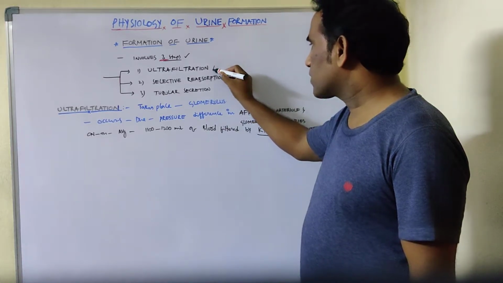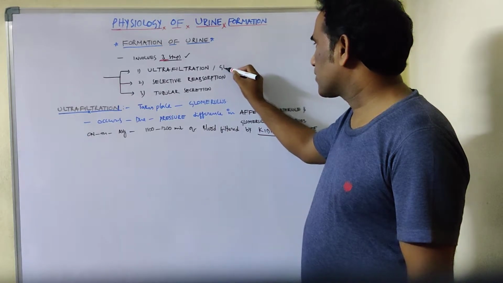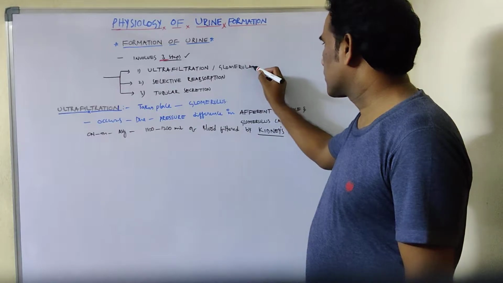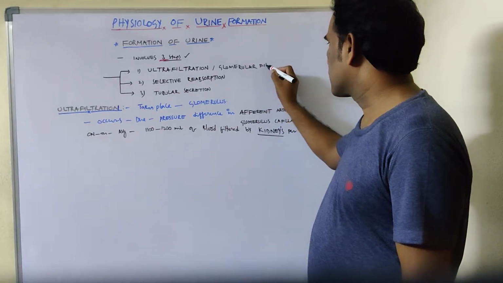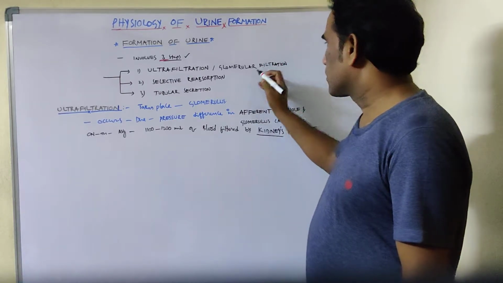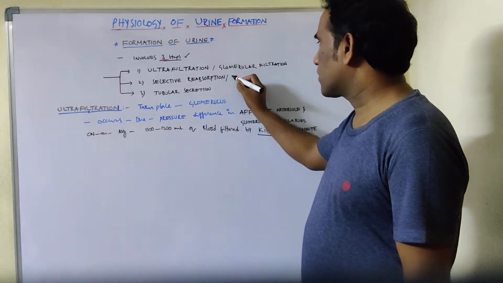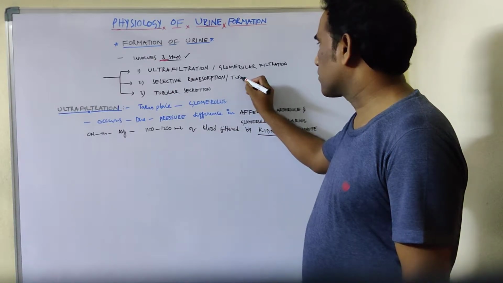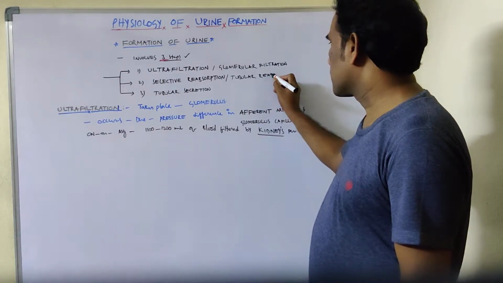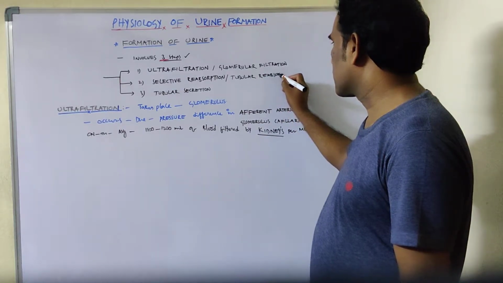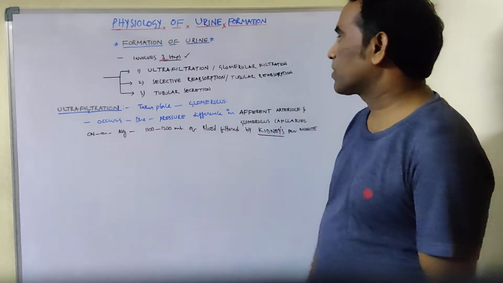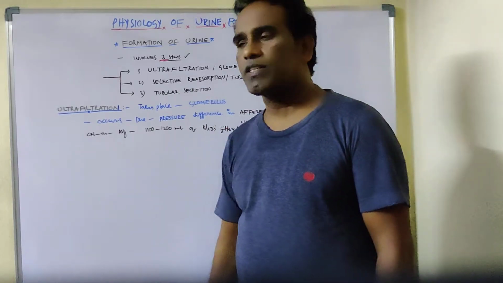Ultrafiltration is also called glomerular filtration, and selective reabsorption is otherwise known as tubular reabsorption. Now let's see what ultrafiltration is.